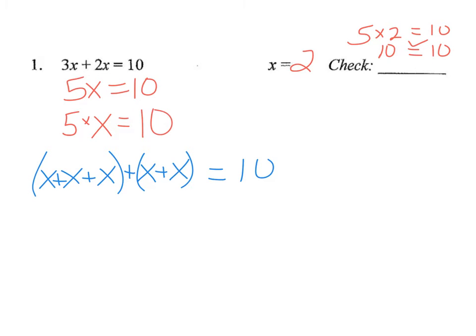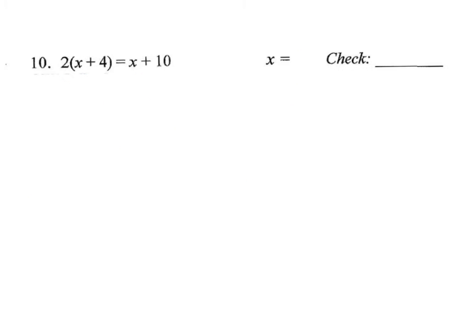So what plus what plus what plus what plus what equals 10? Well, 2 plus 2 plus 2 plus 2 plus 2 equals 10. So, same thing, x is equal to 2. And so I still am going to do my check using multiplication, but multiplication is just repeated addition. Make sure you showed your work.